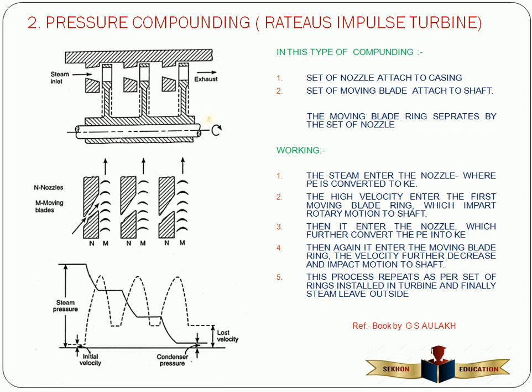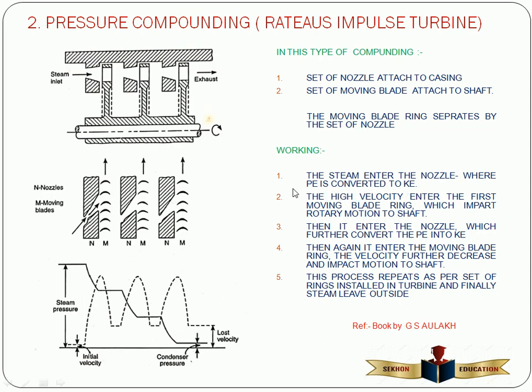If the pressure energy is very high, it is not feasible to convert it in a single stage. So in this case we convert the pressure energy to kinetic energy in a number of stages: the first stage, then the second stage, then the third stage. In this way it is practically possible. So this is the working.